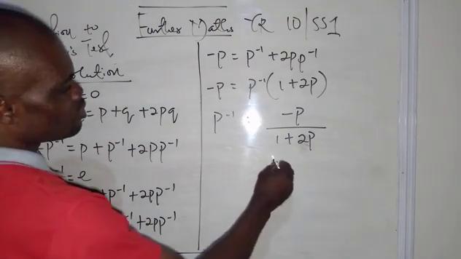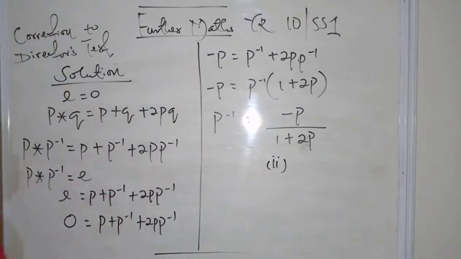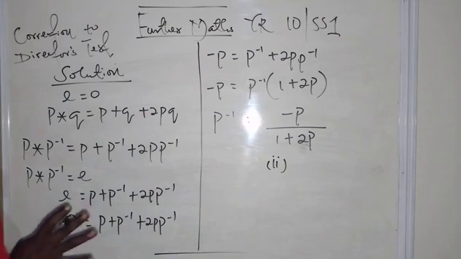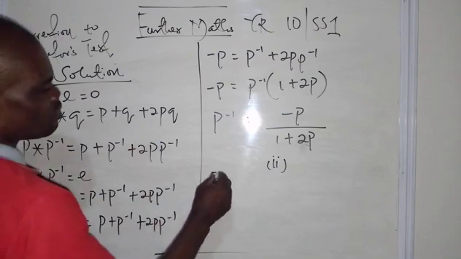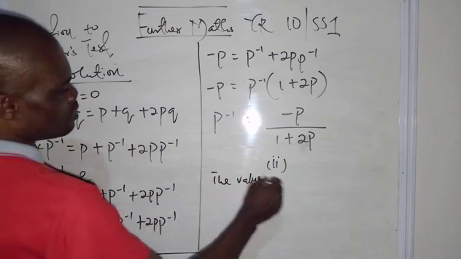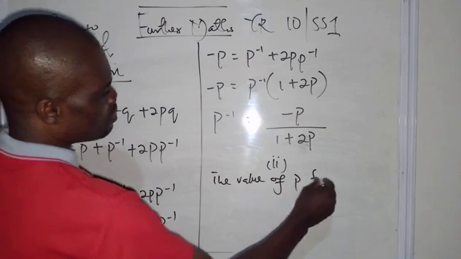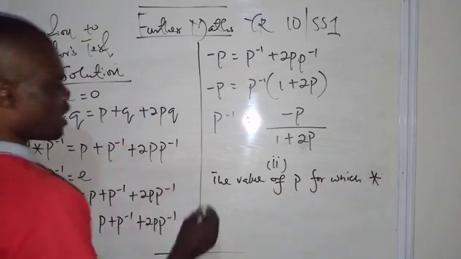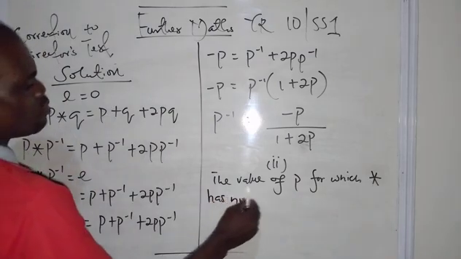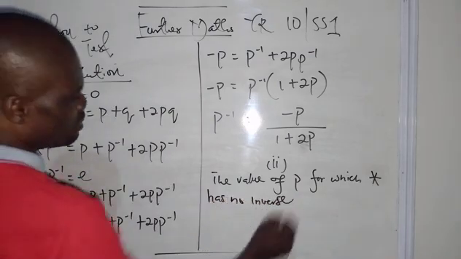So the second question is that if you look at the question, we should find the value of P for which the operation has no inverse. So the value of P for which the binary operation star has no inverse.